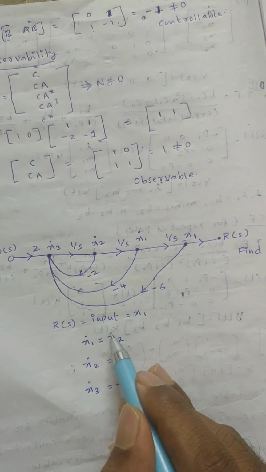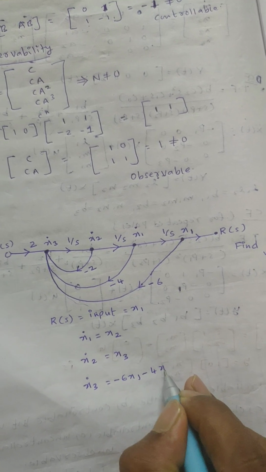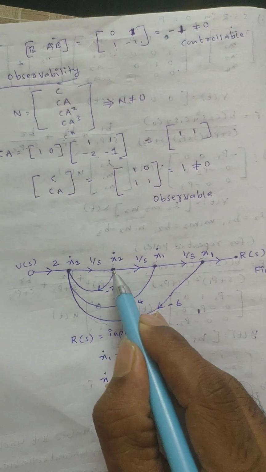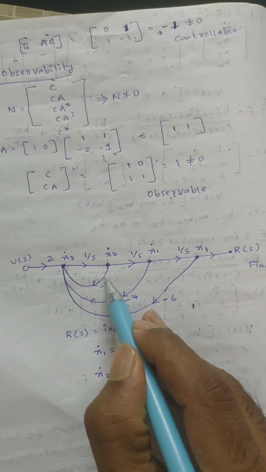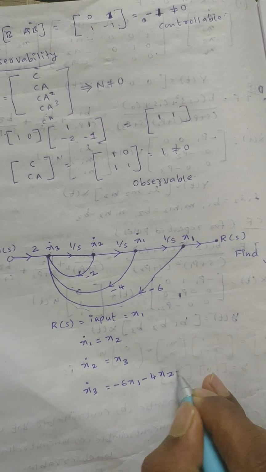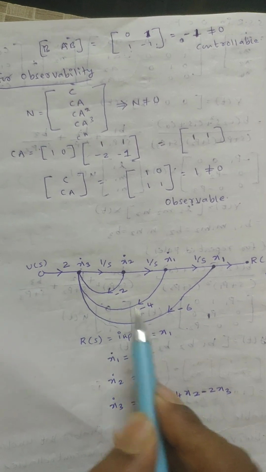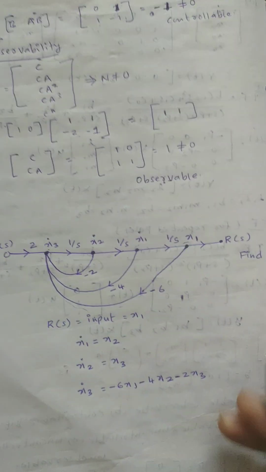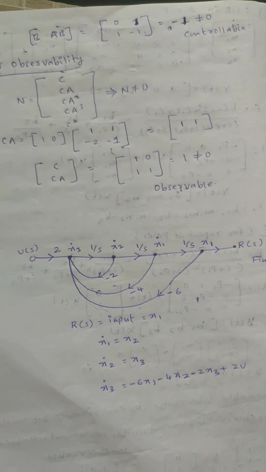Already we know that x1 dot is equal to x2, so that is minus 4 x2. Next minus 2 x2 dot, and already x2 dot is equal to x3, so that is minus 2 x3. All these are minus values, right? After that 2 into u of s, that is 2 into u.